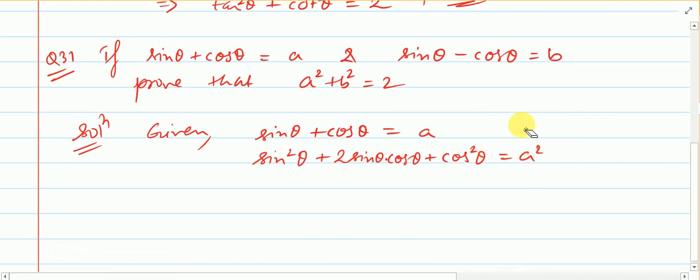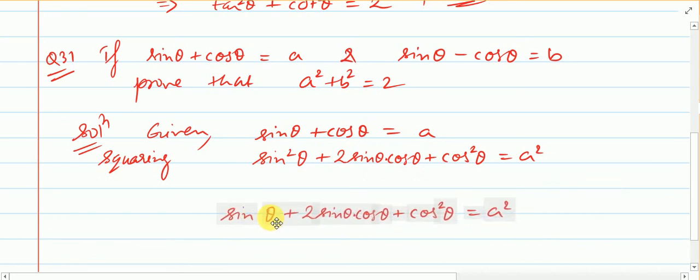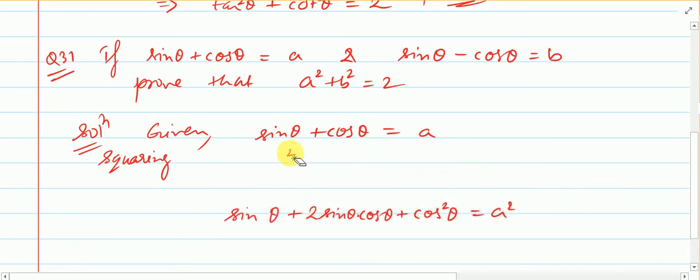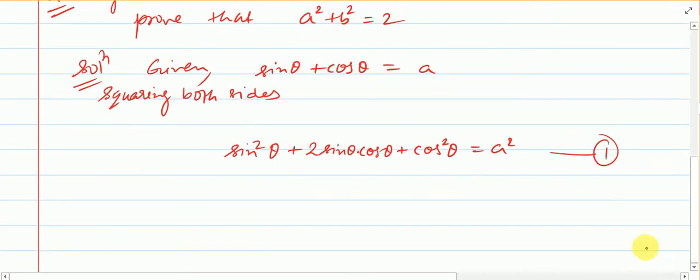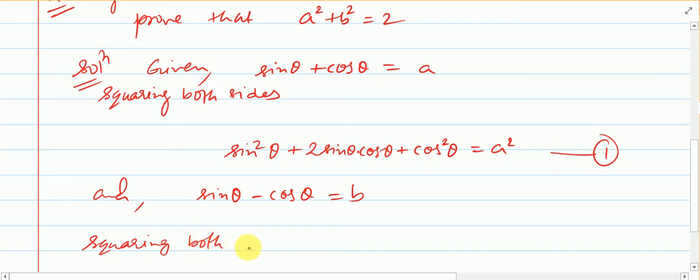Okay, so I'm writing squaring both sides, give this as equation 1, and sin theta minus cos theta is equal to B, squaring both sides.